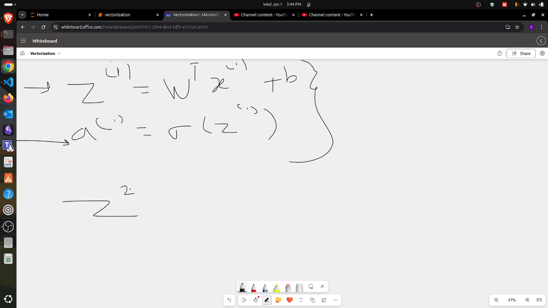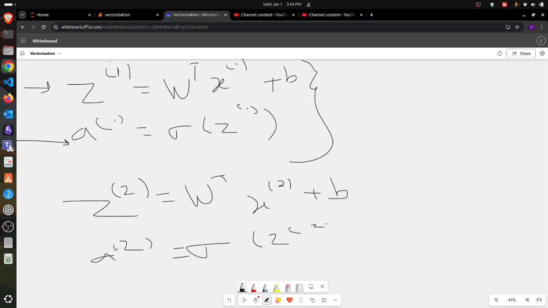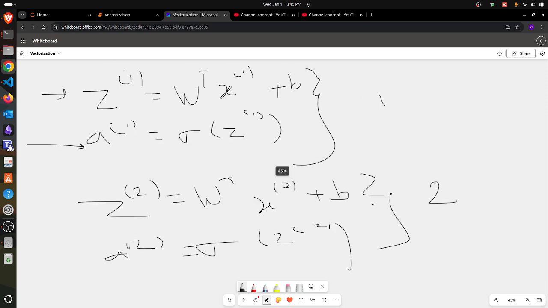The second will be z2 is equal to w transpose x2 plus b, and activation will be a2 of z2, and this will be the prediction of the second example.